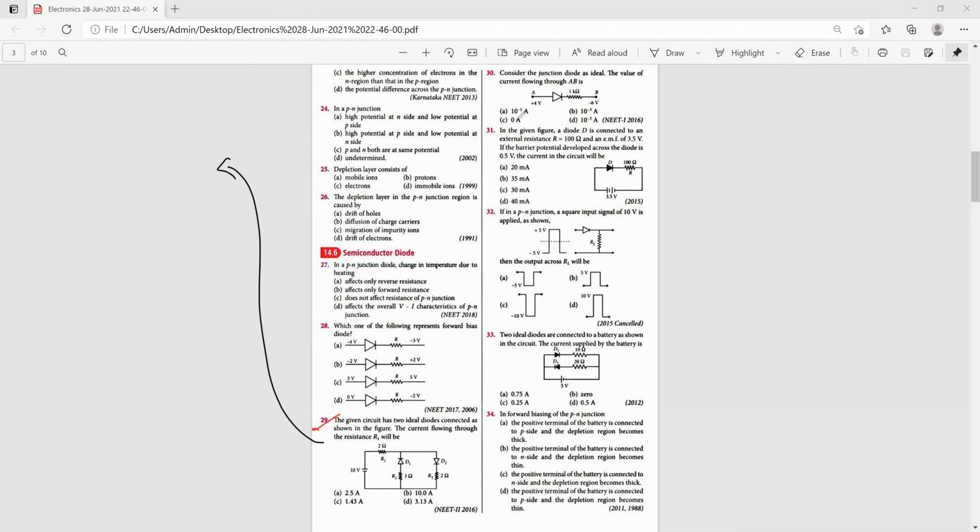Hence the equivalent circuit becomes as shown. The current in the circuit equals the current flowing through the resistance, calculated as 10 divided by 2 plus 2, which is equal to 2.5 ampere. Therefore, for the 29th one, this one is the right answer.